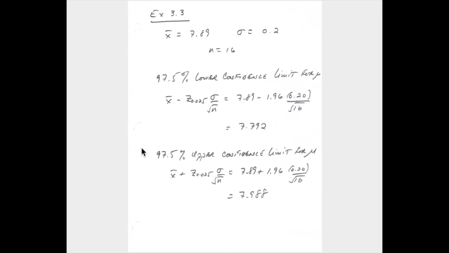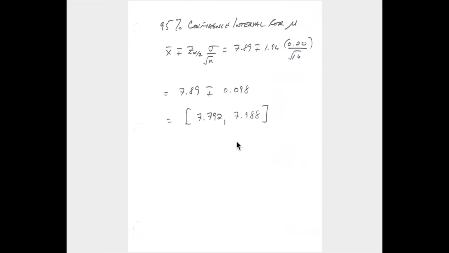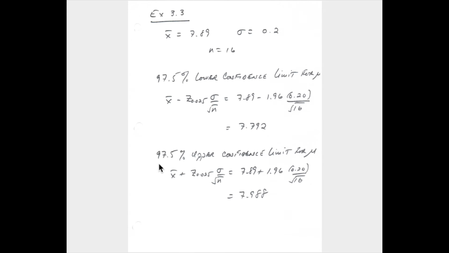Now, the additional thing I want to talk about, notice that the lower endpoint of this 95% two-sided confidence interval is the same as the 97.5% lower confidence limit for mu all by itself. And the upper confidence limit of this 95% two-sided confidence interval for mu, 7.988, is the same as the 97.5% upper confidence limit for mu alone.